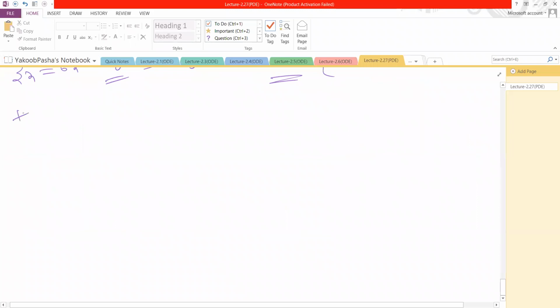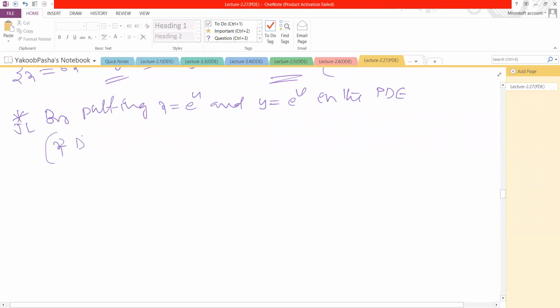By putting x = e^u and y = e^v in the PDE, the partial differential equation x² ∂²z/∂x² − y² ∂²z/∂y² + x ∂z/∂x − y ∂z/∂y = log x.